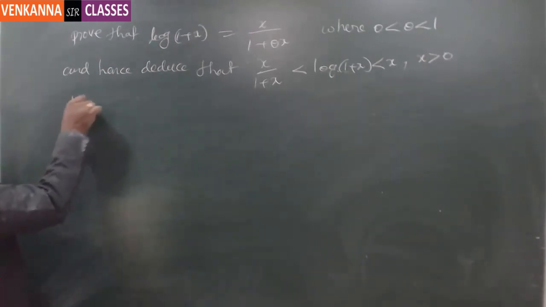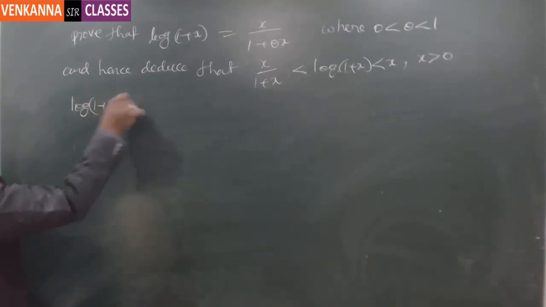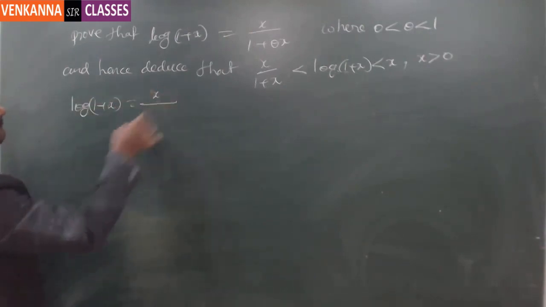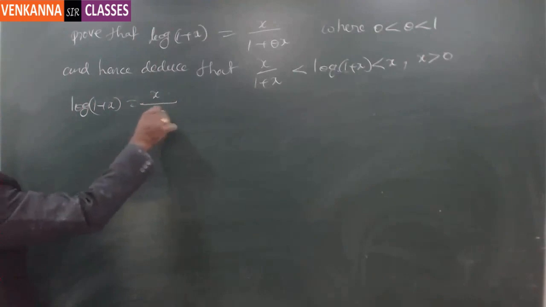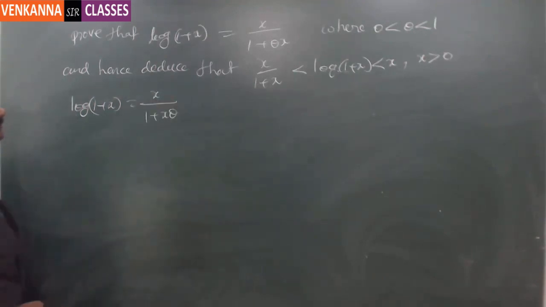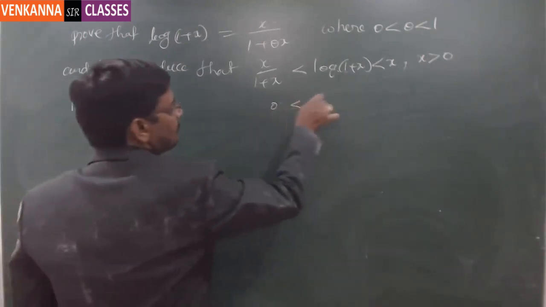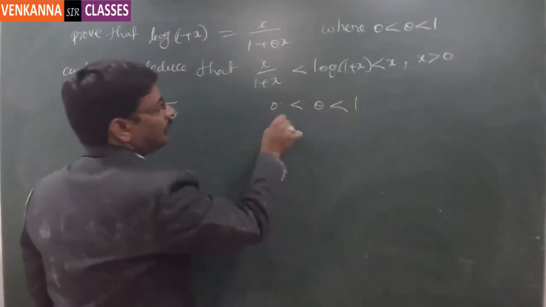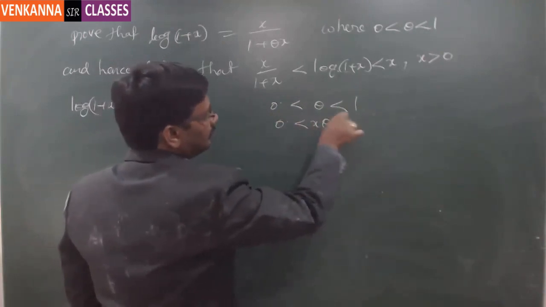So log 1 plus x is equal to x by 1 plus x theta. So this is what we got, right? Yeah, that's correct. So 0 less than theta less than 1. Now I will multiply x on either side.